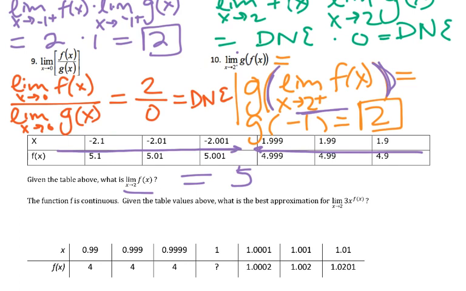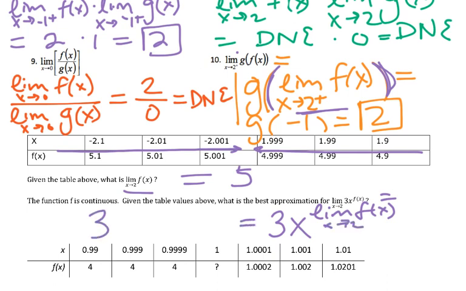In the next question, it says, what's the best approximation for the limit as x approaches 2, so it's starting the same way, of 3x raised to the f of x. The way you would evaluate this is think of 3x, and then the limit of f of x is your exponent as x approaches 2.